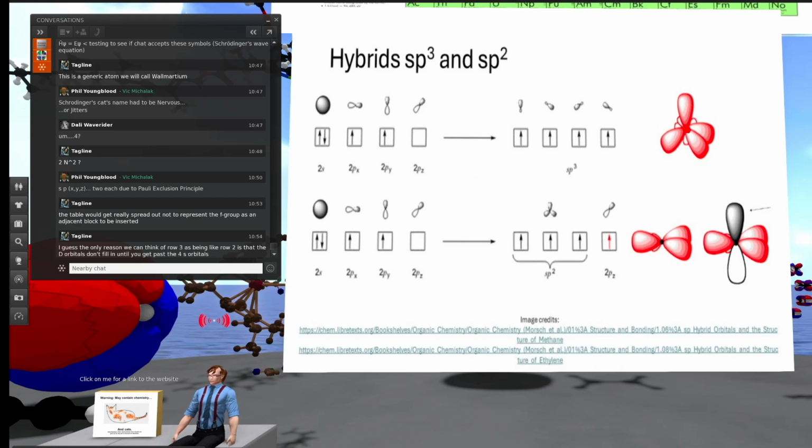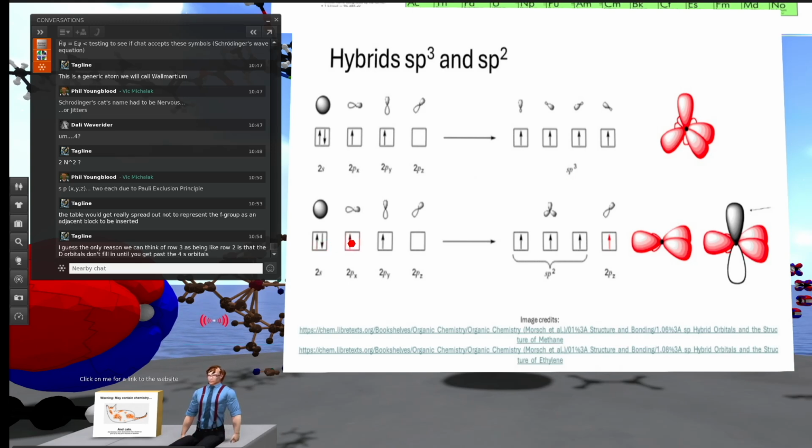So if we think of methane with our carbon atom sitting in the middle, the lobes represent where the electrons can go off of the carbon, and each one could support a hydrogen sitting on the back. You don't have to mix all 4.